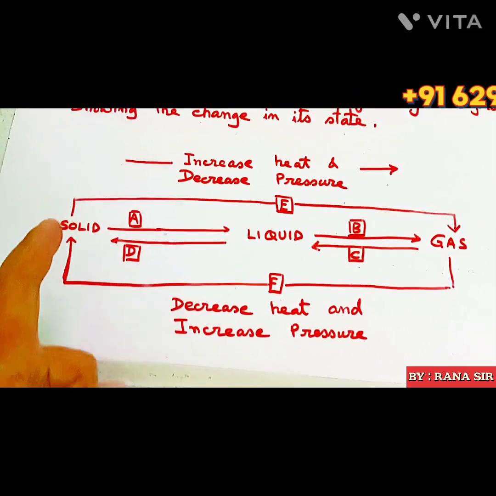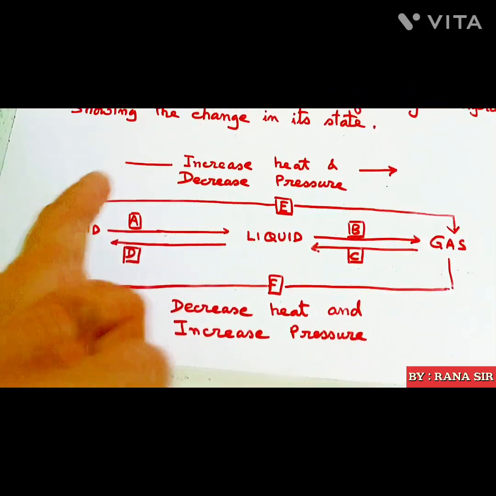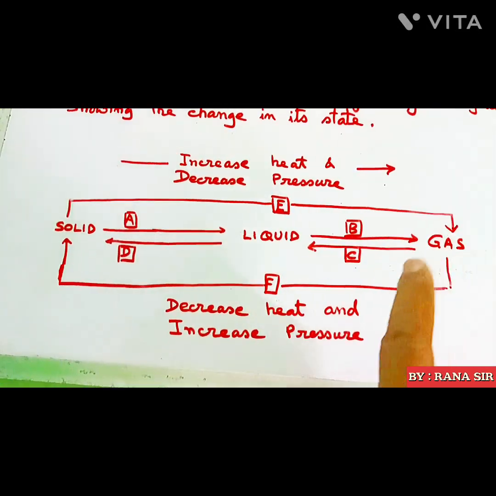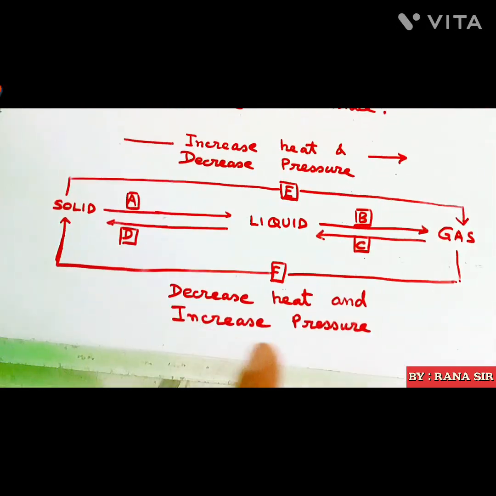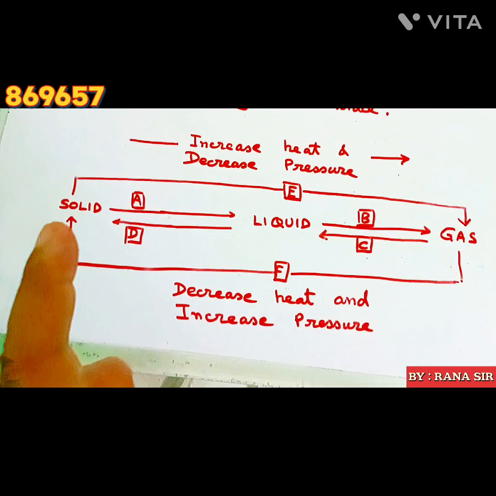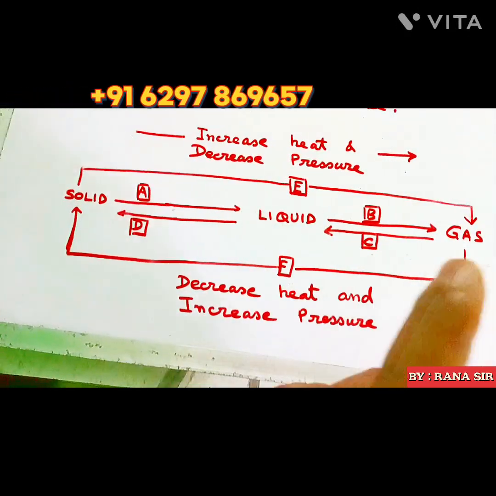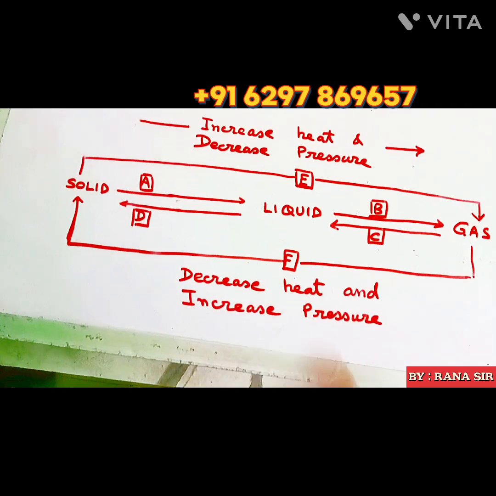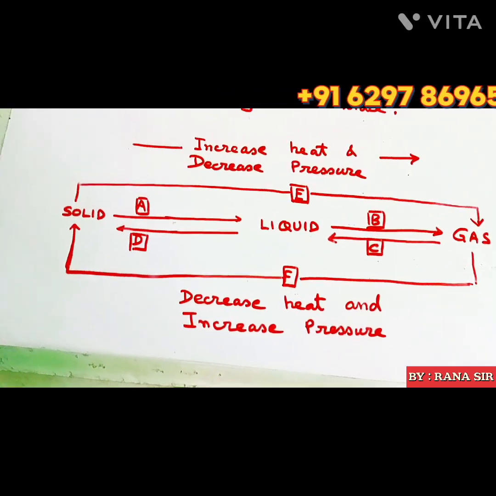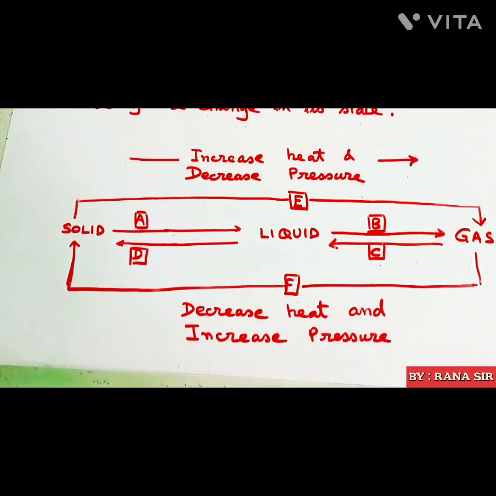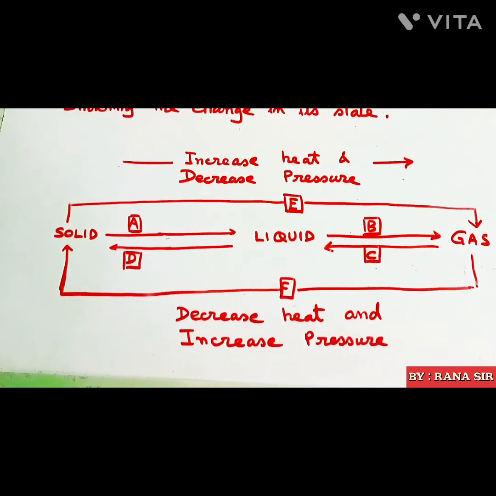The first arrow is from solid to gas, what is this known as? From gas to solid, what is it known as? Solid to liquid and liquid to solid. Liquid to gas and gas to liquid. So you have to mention the names of the following changes in the state of matter.